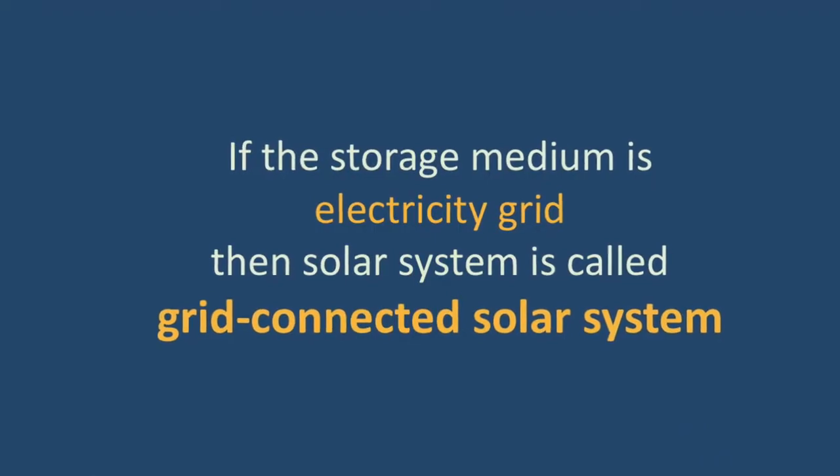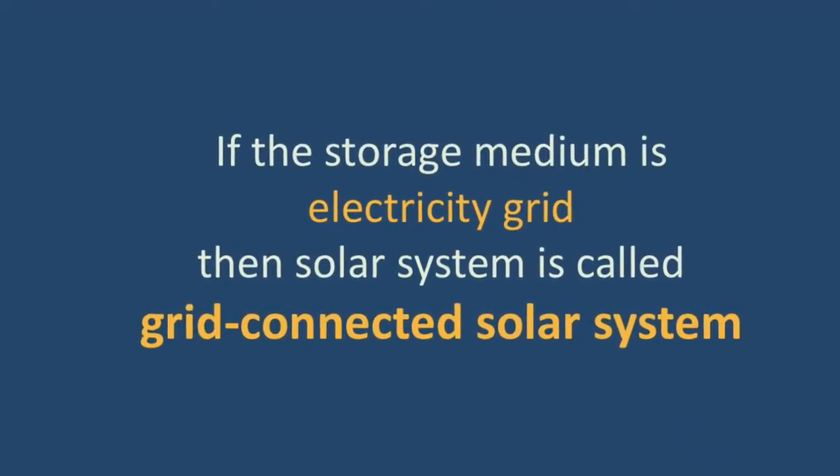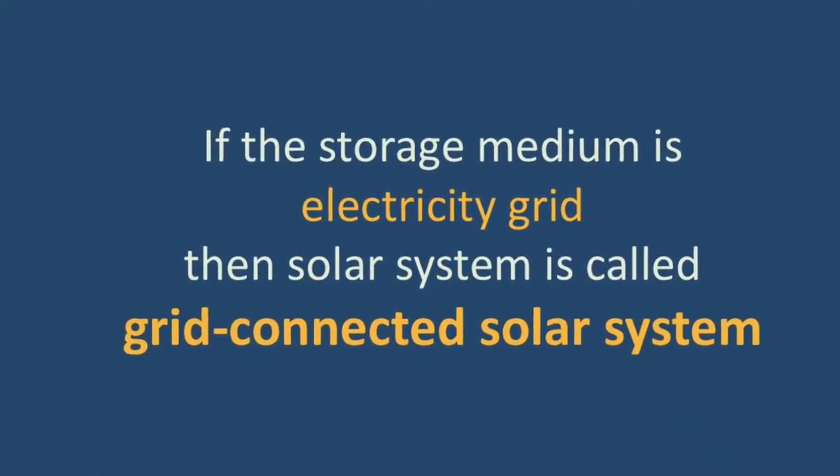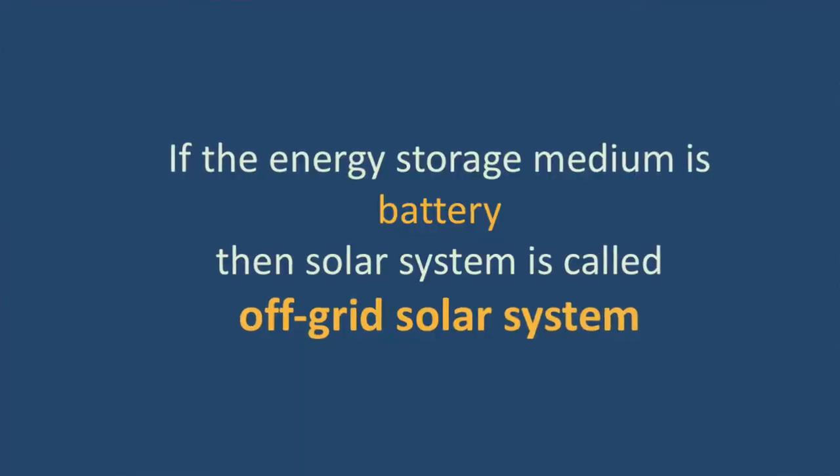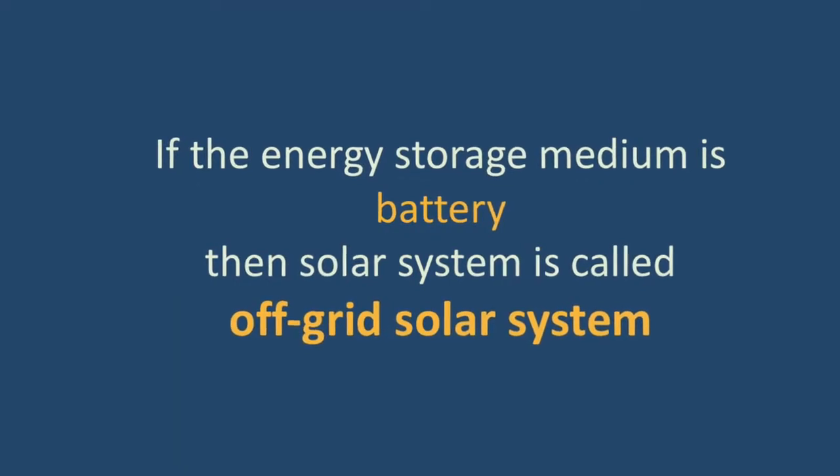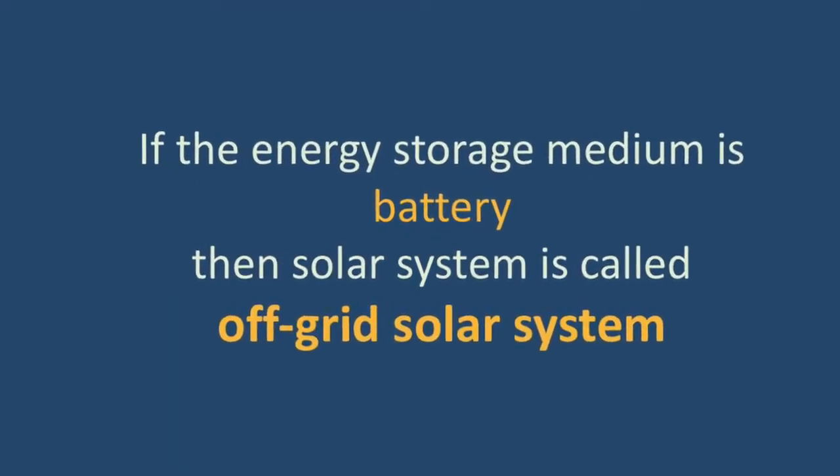Suppose your storage medium is the electricity grid, then the solar system is called a grid-connected solar system. But if you're not interacting with the grid and everything is within your house and your storage medium is a battery, then your solar system is called an off-grid solar system, because it is not connected with the grid.